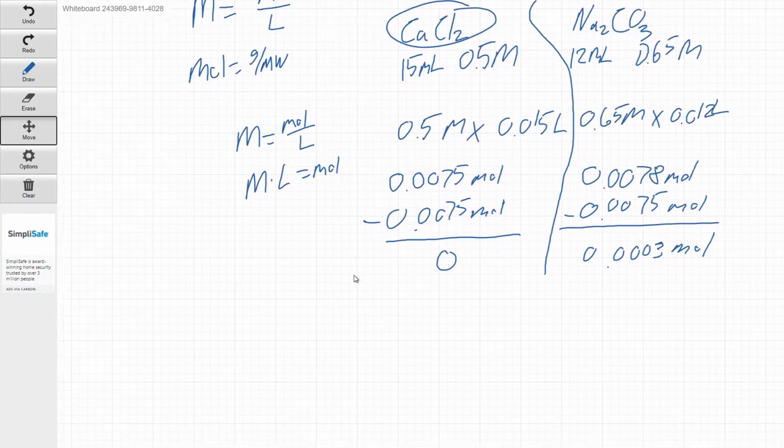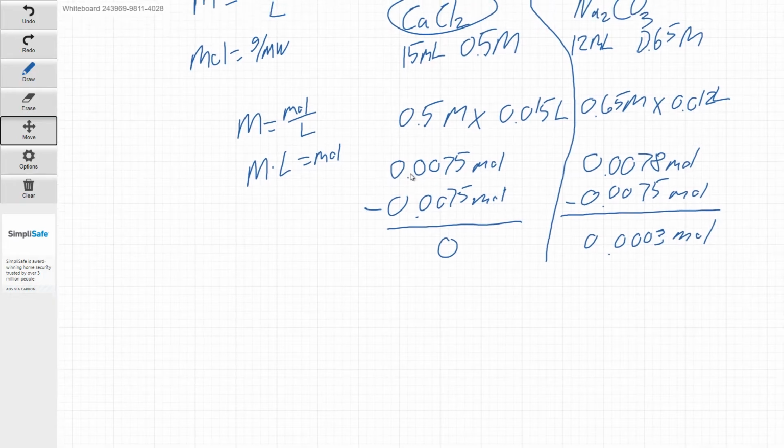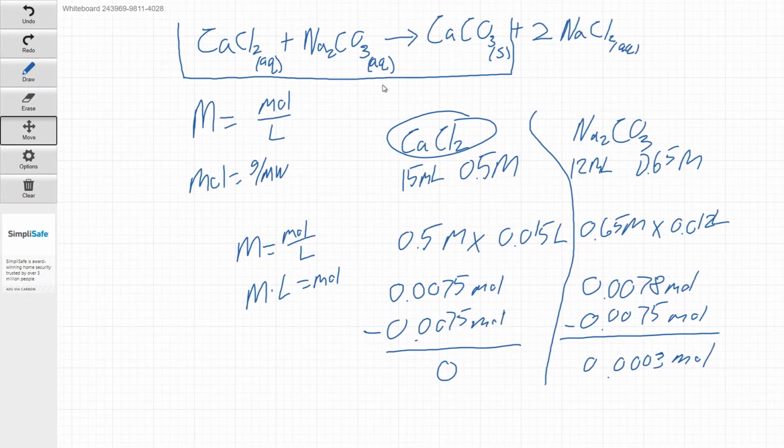Now we know we're going to make 0.0075 moles of calcium carbonate, because again, everything that we care about here is 1 to 1 to 1. So if I have 0.0075 moles of calcium chloride, and that's my limiting reagent, that means I will make at most 0.0075 moles of calcium carbonate.